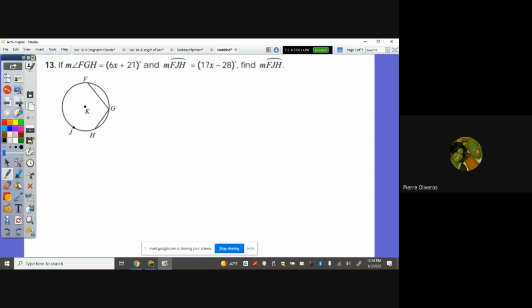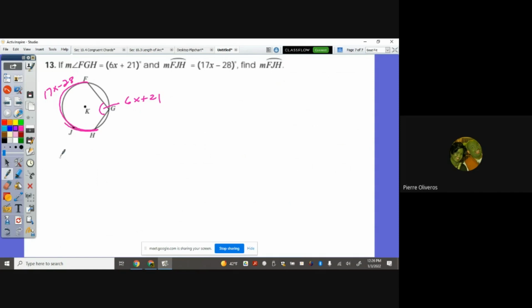And number 13, if the measurement of FGH is 6x plus 21, so this is the inscribed angle, and the arc FJH is 17x minus 28.